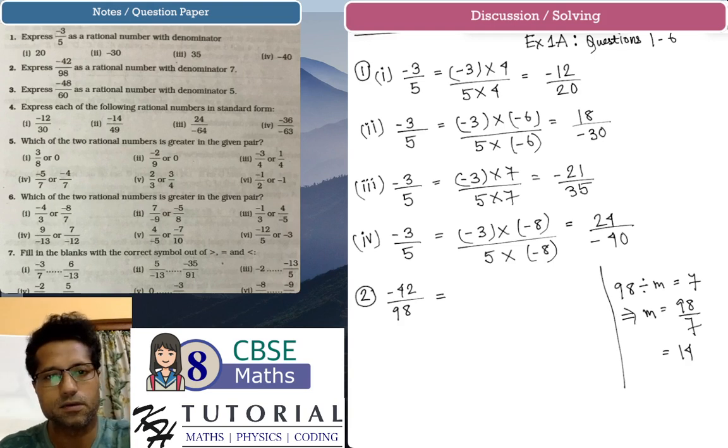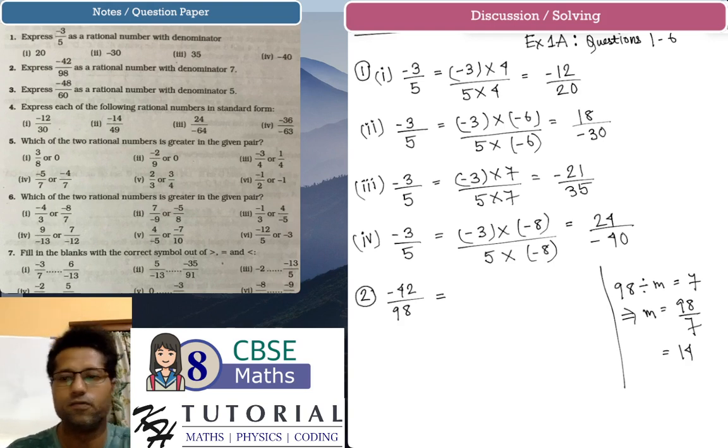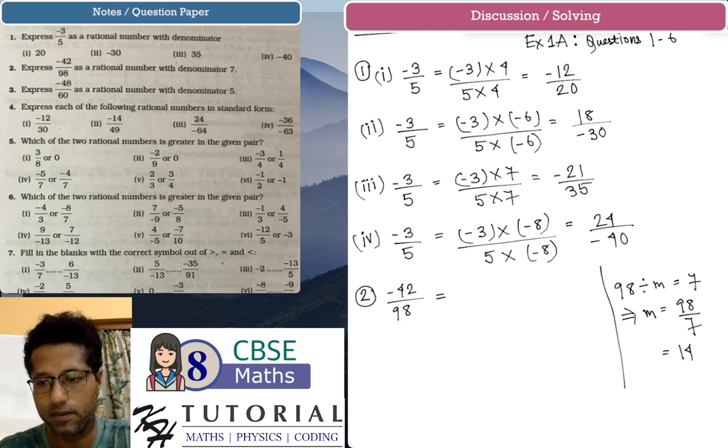Since it has asked to convert this rational number so that the denominator becomes 7, it has not asked to convert it into standard form. If the question was to convert this rational number to standard form, then we would have to find the HCF of 42 and 98. But in this case, it is asking to convert the denominator to a lesser number, that is 7. So we will just divide.